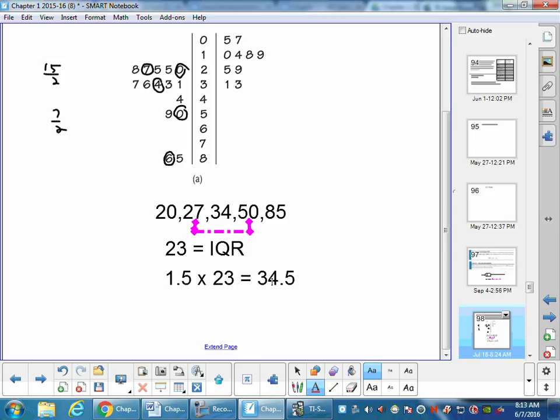Now, if I subtract 34.5 from 27, it's going to be a negative number, and we don't have any values down there. If I add 34.5 to 50, I get 84.5.